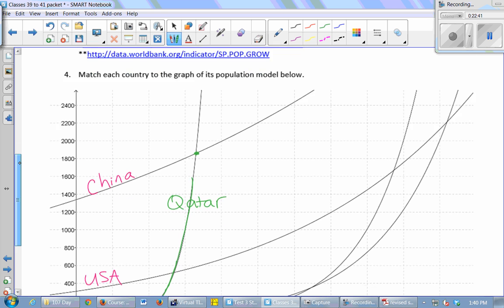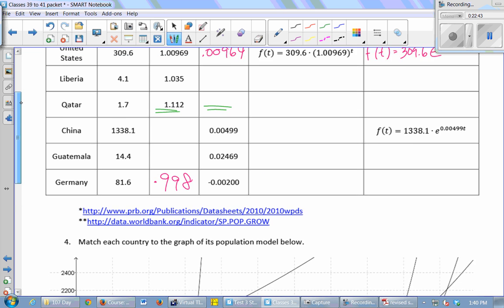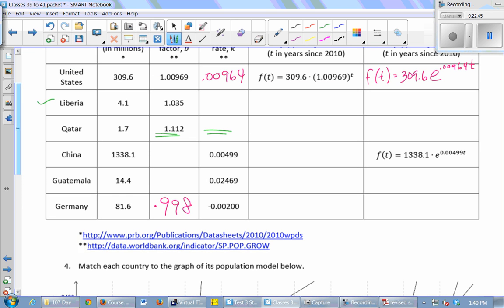All right, so I have two countries left, Liberia and Guatemala, to label. Which one is growing faster? Liberia, because Guatemala's B value, what was that? Okay. Yeah, so Liberia is growing at 3.5% annually. Guatemala is growing at like 2.5% annually. So Liberia is growing faster.